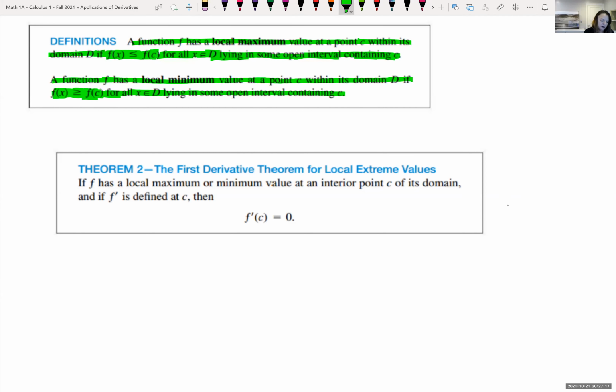So this theorem, which is the first derivative theorem for local extreme values, says if f has a local maximum or a local minimum value at an interior point c of its domain, and if the derivative is defined at c, then f prime of c is going to equal 0.